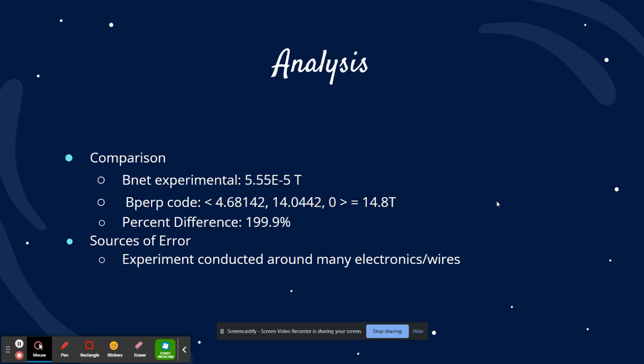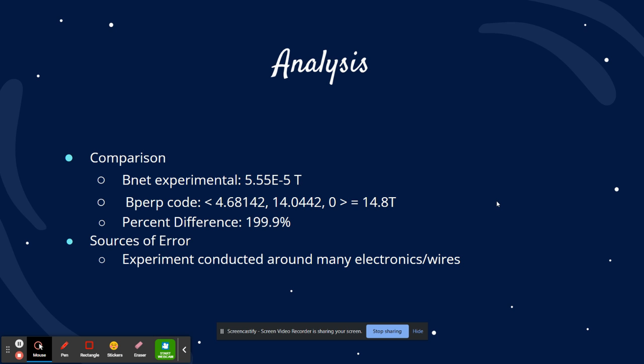To compare, the experimental B net was 5.55 e to the negative 5 teslas, while B perpendicular in the code resulted in a magnitude of 14.8 teslas, resulting in a percent difference of 199.9%.